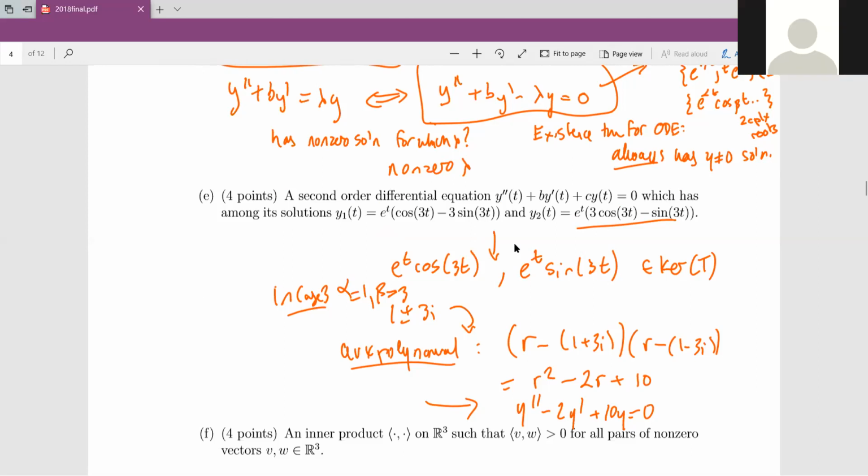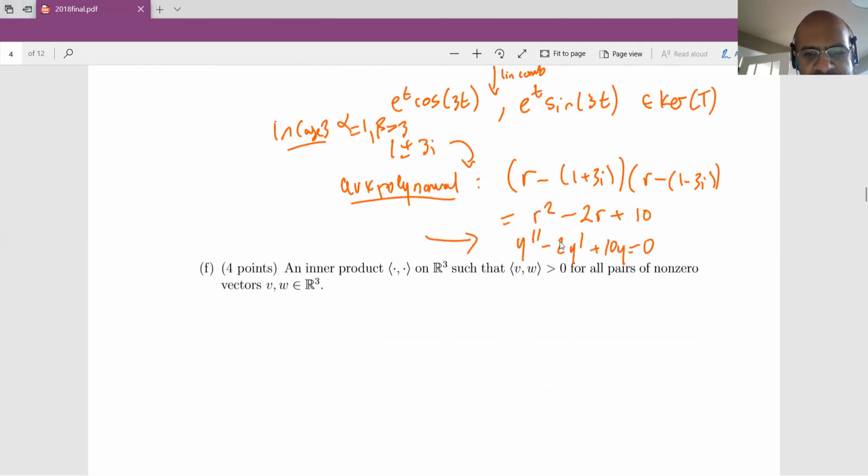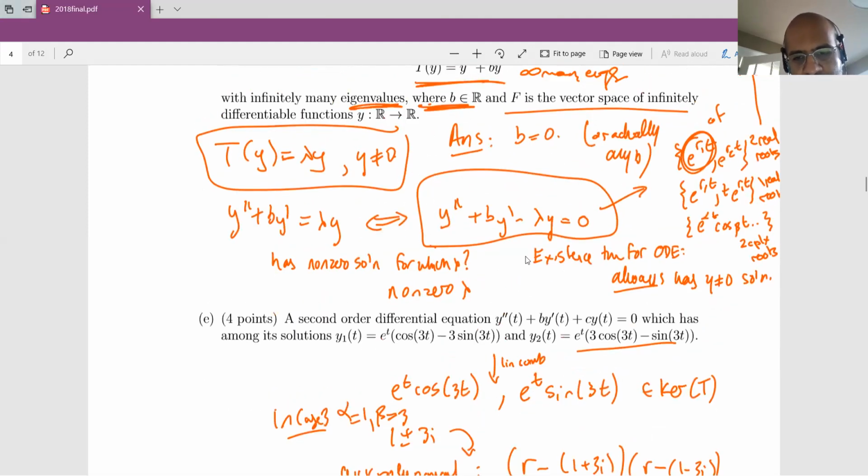Yeah, technically you're right. You have to do that. I kind of glossed over that, but if you take some linear combination, you get that these pure exponential times trigonometric are also solutions. So this is a great question because you have to use that the solutions form a subspace so you can take linear combinations. Then you had to do everything backwards, and it involved quite a lot of knowledge. I think it was one of the hardest questions. These two questions were also among the hardest.